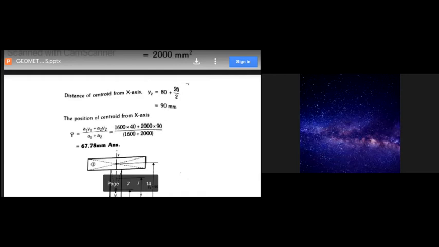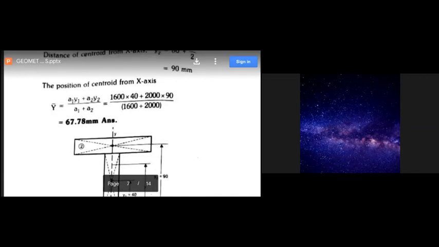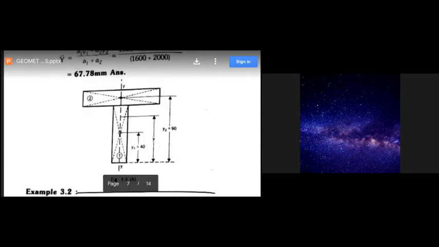Substituting the values and simplifying, that is 1600 into 40 plus 2000 into 90 by 1600 plus 2000, you will get 67.78 mm. So the centroid of the T section lies at a distance of 67.78 mm from the x-axis, that is from the bottom.